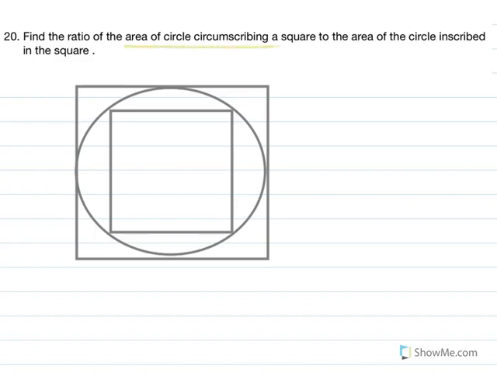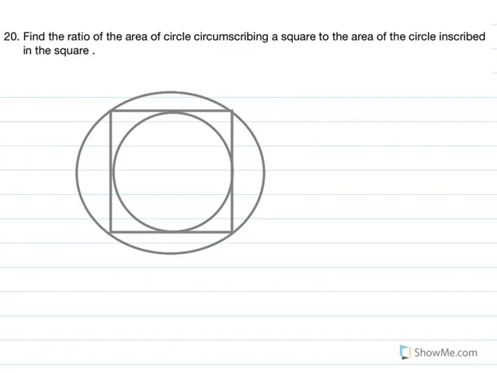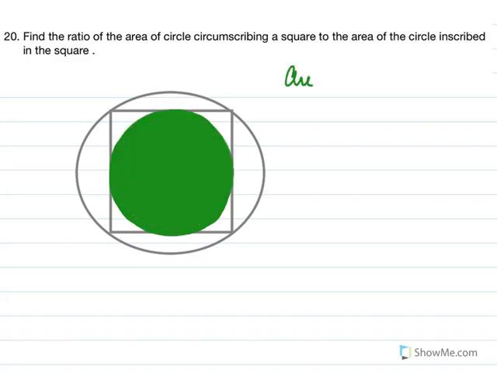Find the ratio of the area of the circle circumscribing a square to the area of a circle inscribed in a square. So here first we have this circle, this is the inscribed circle, a circle inside the square. And we know the area of this inscribed circle inside the square is pi r square.